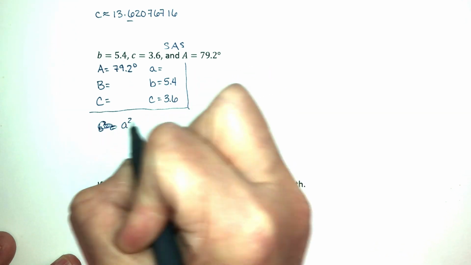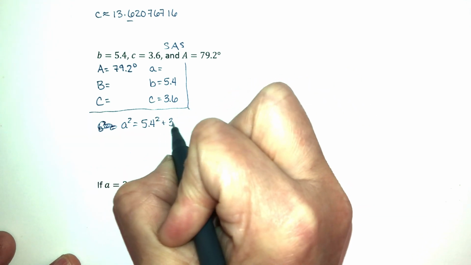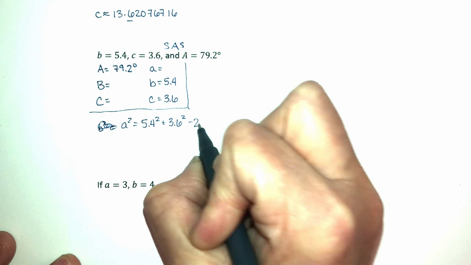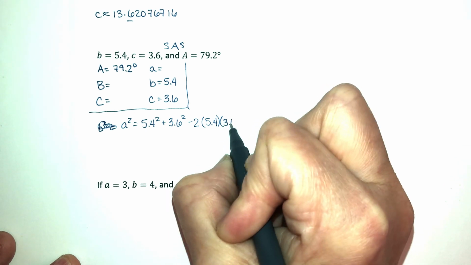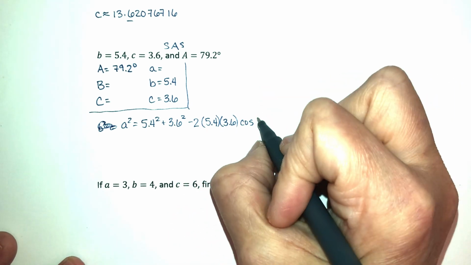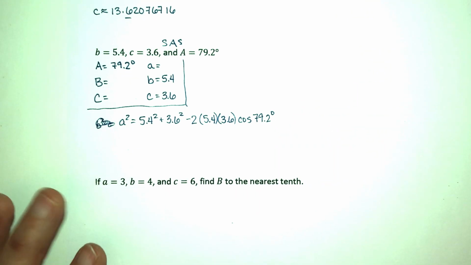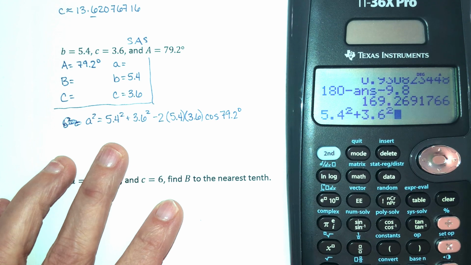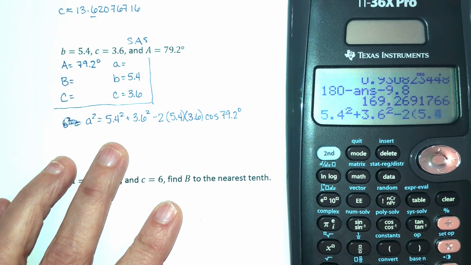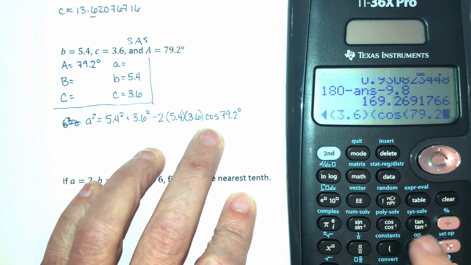So we're going to have A squared is equal to B squared plus C squared minus 2 times B times C times cosine of angle A. Okay, so 5.4 squared plus 3.6 squared minus 2 times 5.4 times 3.6 times cosine of 79.2 degrees.